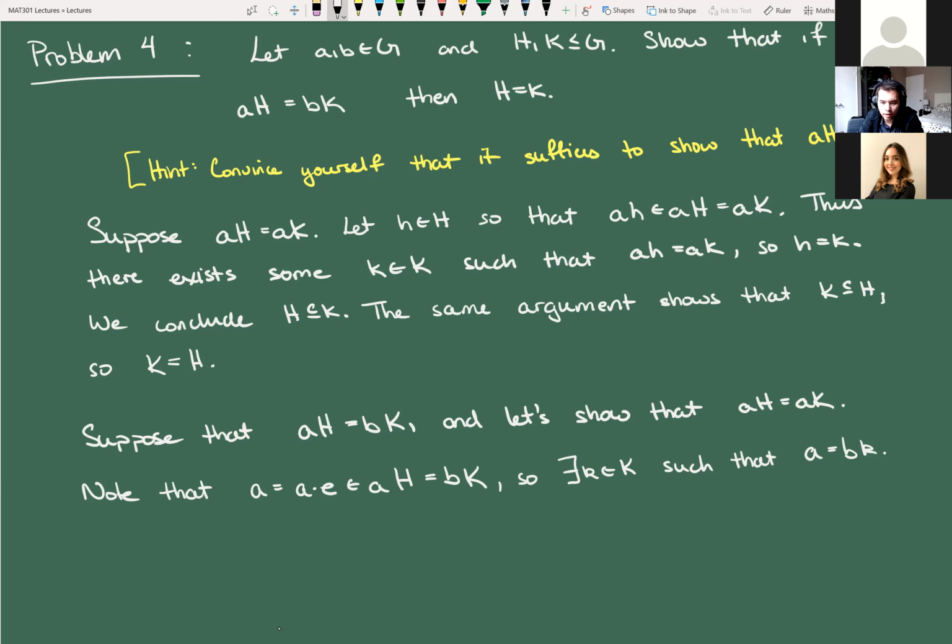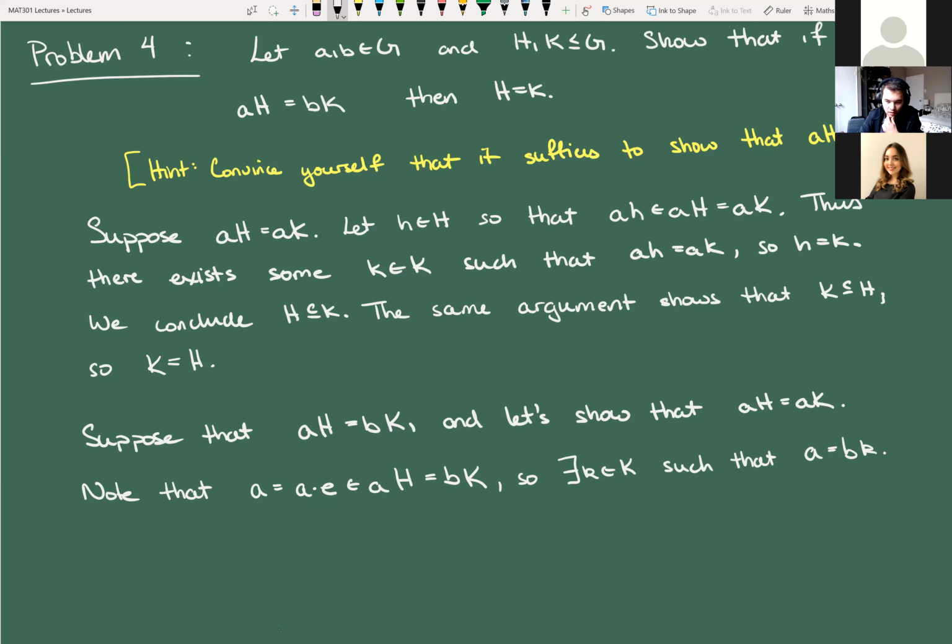I want to basically argue now that AK is equal to AH. Now I already have, okay, what did I want to do here? A is in AH, which equals BK, so A is equal to Bk for some k.